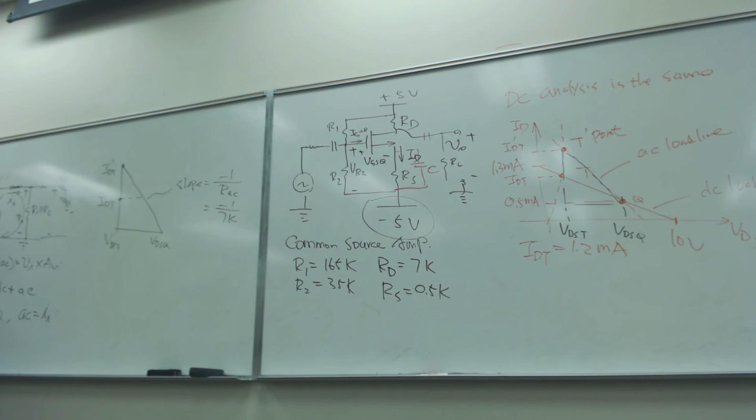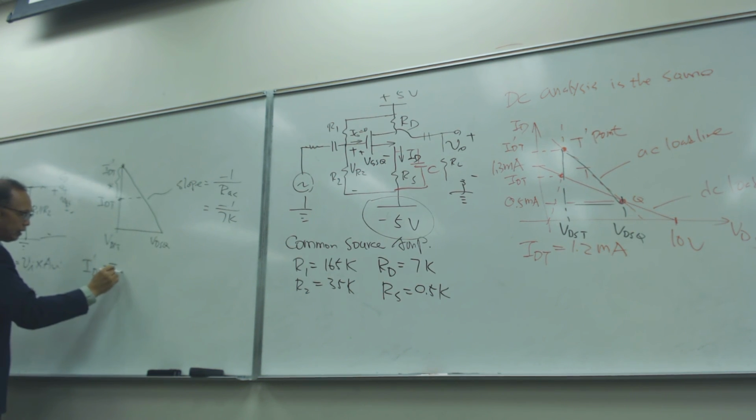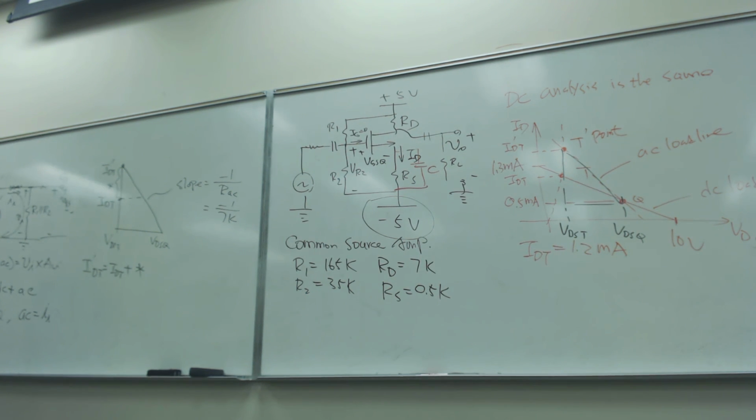All right, tell me, what am I looking for exactly? I am looking for this, correct? Once I know that, I know the value of I prime dt, because I prime dt will be equal to I dt plus star.